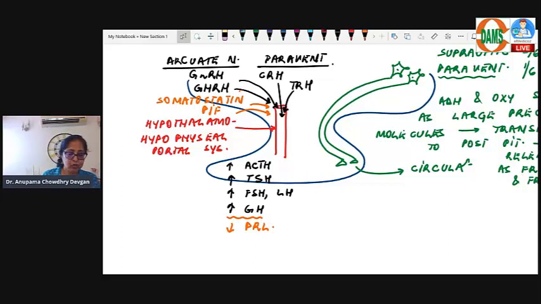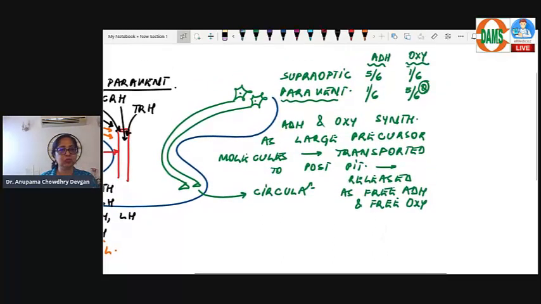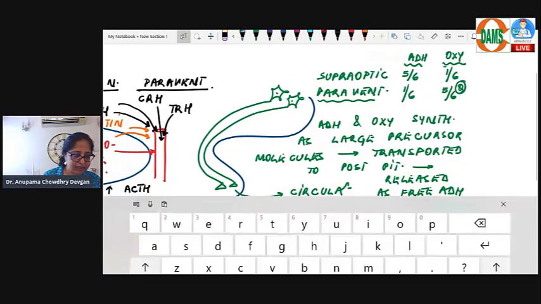Supraoptic and paraventricular nuclei are involved in neurosecretion: 5/6 of ADH from supraoptic, 1/6 from paraventricular, 5/6 of oxytocin from paraventricular, 1/6 from supraoptic.